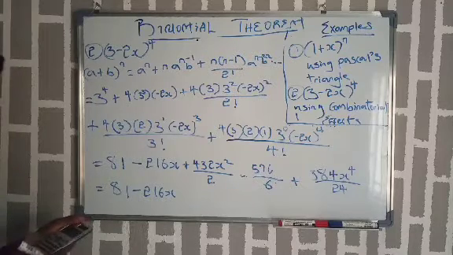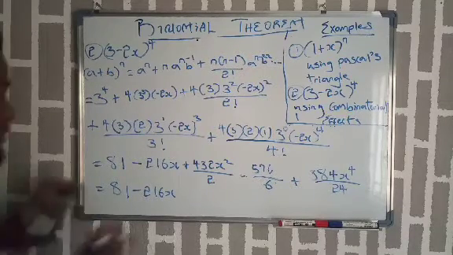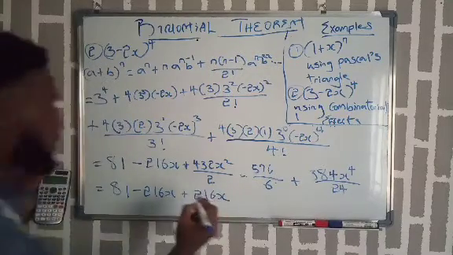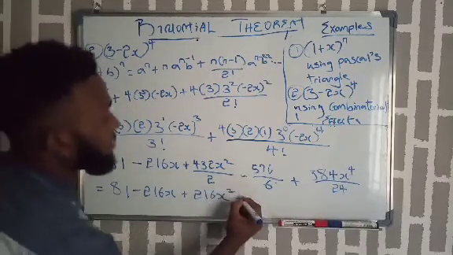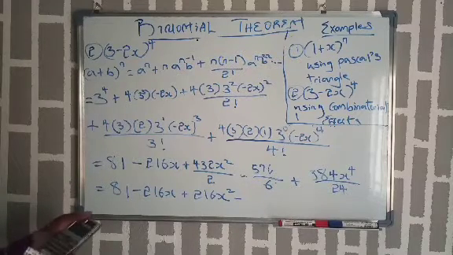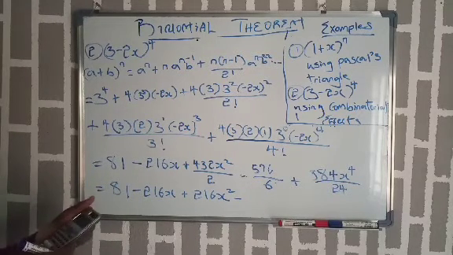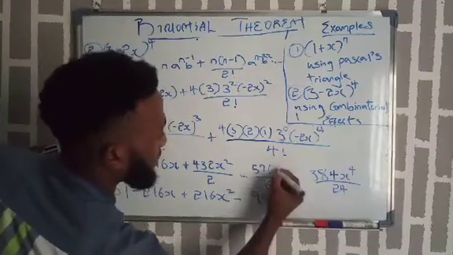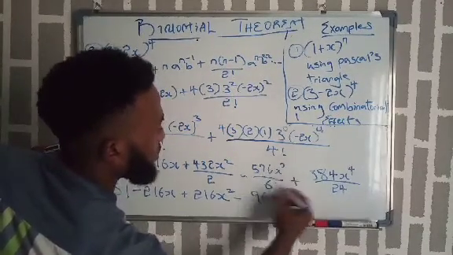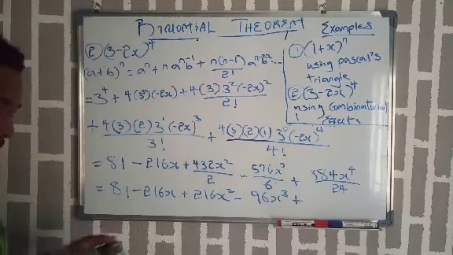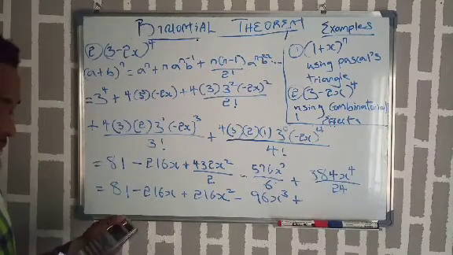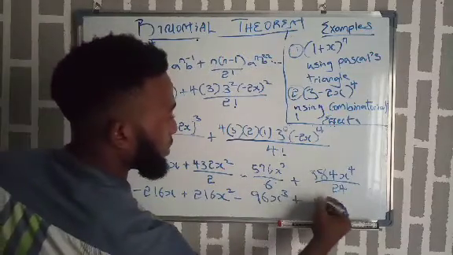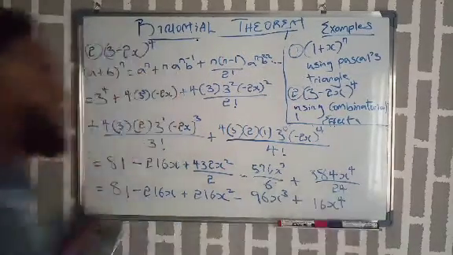So 432 dividing 2 becomes plus 216x squared, minus 576 dividing 6 becomes 96x cubed, plus 384 dividing 24 becomes 16x raised to the power 4.